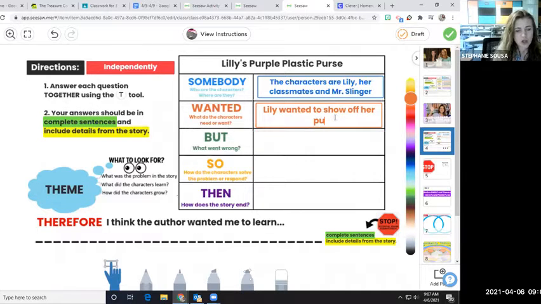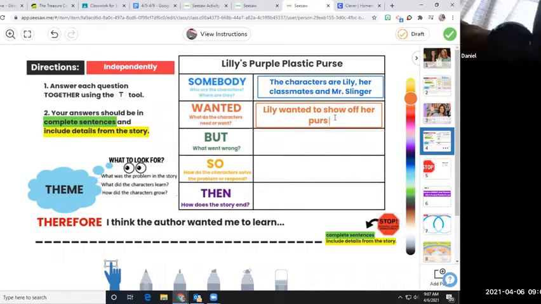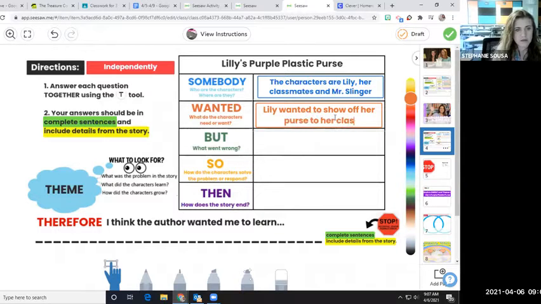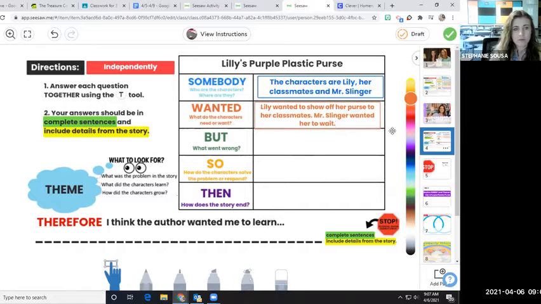Lily wanted to show off her purse to her classmates. And I like the way that you brought in what the other character wanted as well. Mr. Slinger wanted her to wait. They both had a want, okay? They both needed something from each other. Okay, so Lily wanted to show off her purse. Mr. Slinger wanted her to wait.